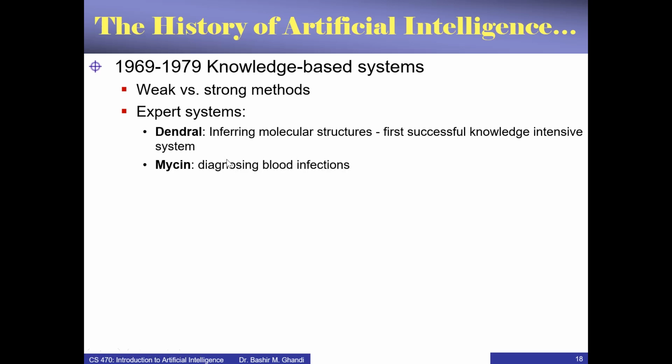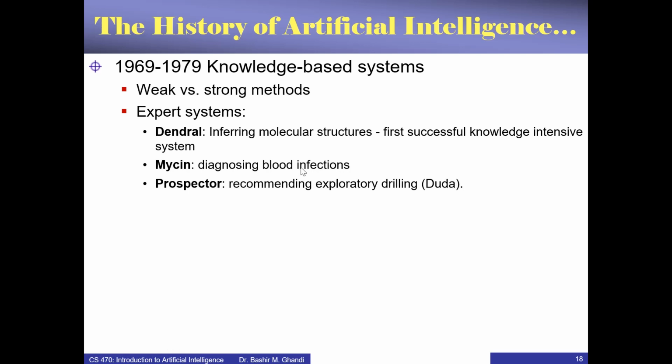Another example was the MyCin program. This was a program for diagnosing blood infections. So again, an expert system related to medicine. It knows a lot of information about blood, and therefore it was able to do the diagnosis. Another example is the Prospector.